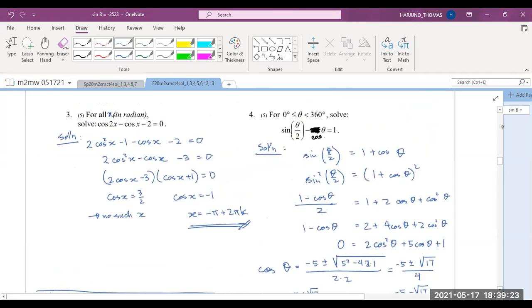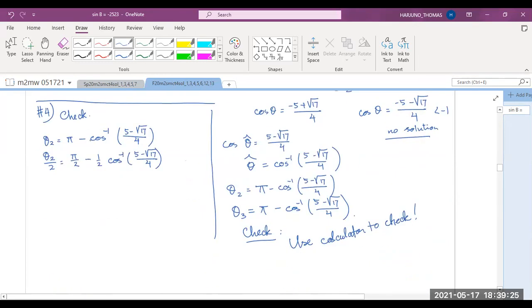That's sine of theta over 2 minus cosine theta 2 equals 1. Is it true?